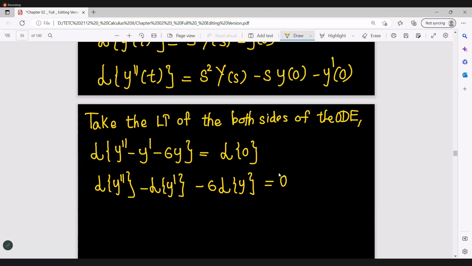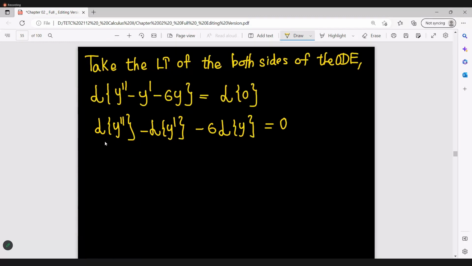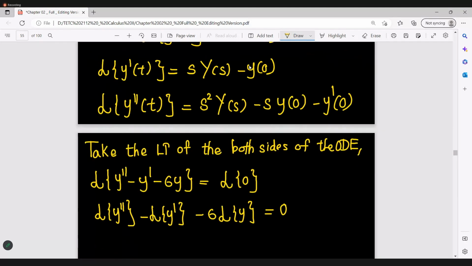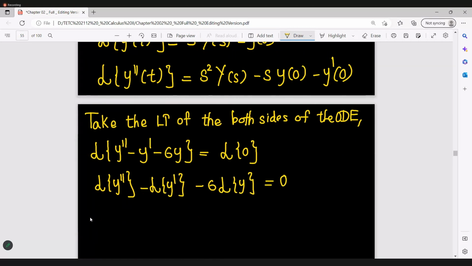Then we can replace the Laplace transform of y double dash and the Laplace transform of y dash that we have by using these two formulas. So let's see, y double dash is equal to s squared capital Y of s minus s y of 0 minus y dash 0.